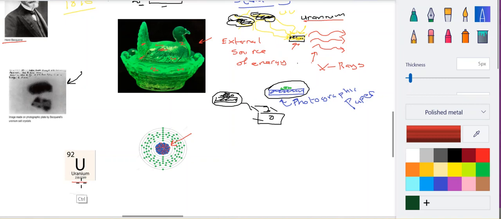There are isotopes of uranium with more neutrons within the nucleus that are very unstable. They can easily be split apart, and when they're split apart, they release huge amounts of energy. This is the basis of nuclear power, and also nuclear weapons.